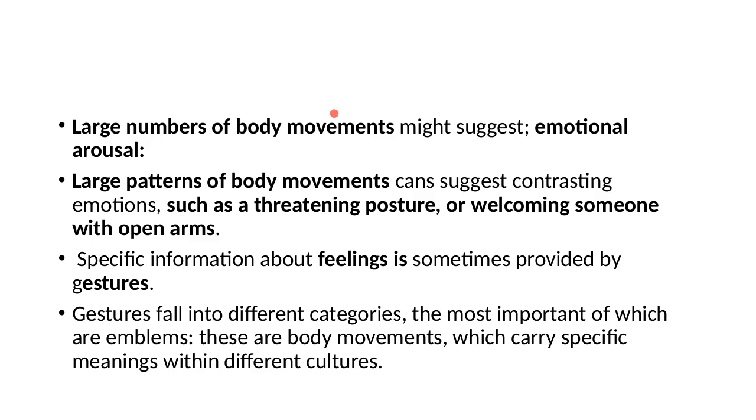So then we have large patterns of body movements. We have patterns here and we have numbers here. Don't get confused. Large patterns can suggest contrasting emotions, such as threatening posture or welcoming.